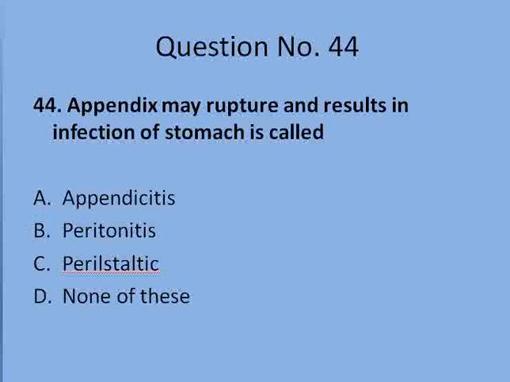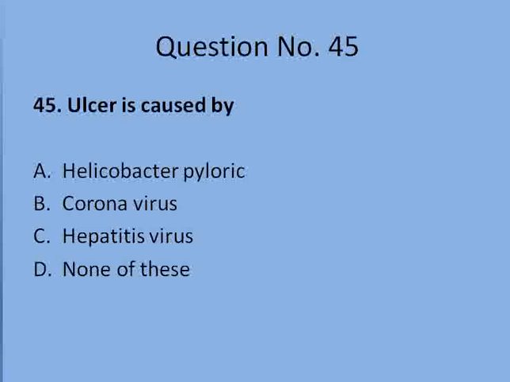Is it clear? Question number 45. Ulcer is caused by Helicobacter pylori, coronavirus, hepatitis virus, none of these. The hepatitis virus affects the liver, but the ulcer is what we call the eroded area of the tissue lining in the stomach or the duodenum.